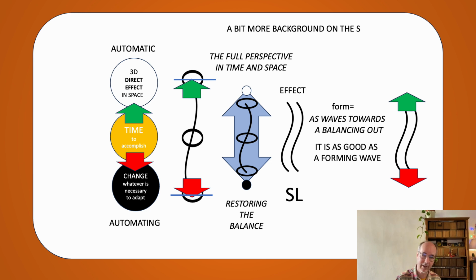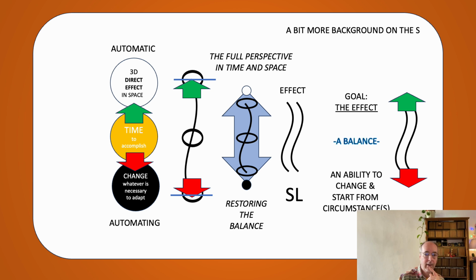So the S is like this wave formation. You can remember that the balancing out of elements very often will take the form of such a wave, because that's what the balance is about. So the goal and the effect is the most important. That's the end effect.